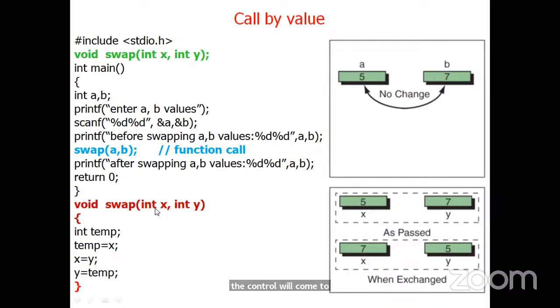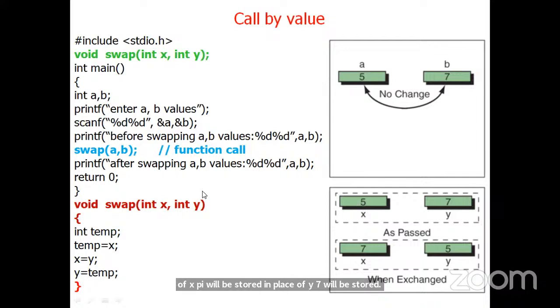In the swapping function, in place of x, 5 will come, and in place of y, 7 will be stored. In place of x, 5 will be stored. In place of y, 7 will be stored.